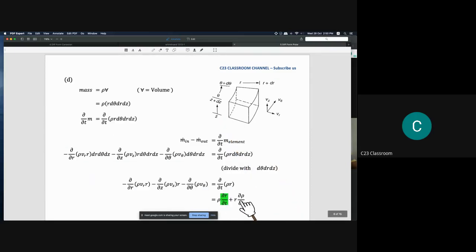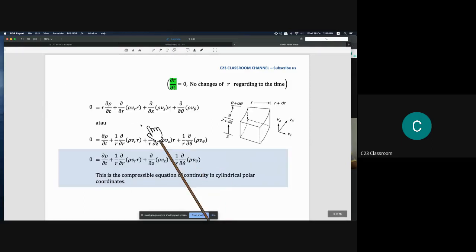We could bring these terms into the left hand side, and then we could equal all of the equation to 0. So then if you expand this calculation, finally you will get this one. So this is the compressible equation of continuity in cylindrical polar coordinates.